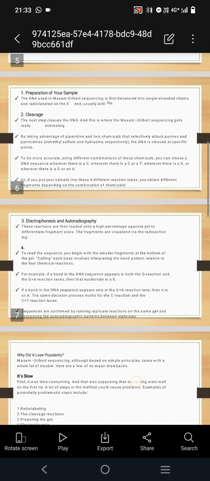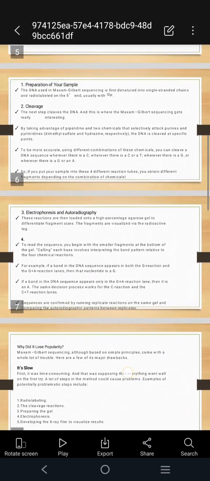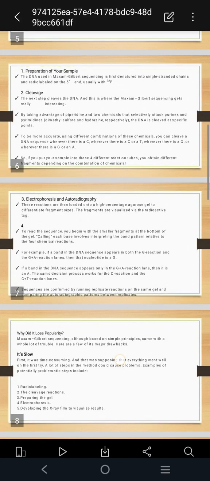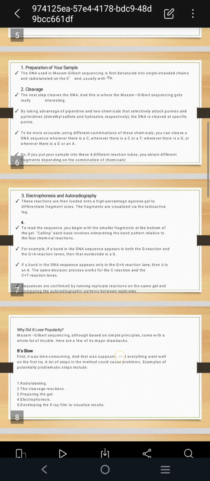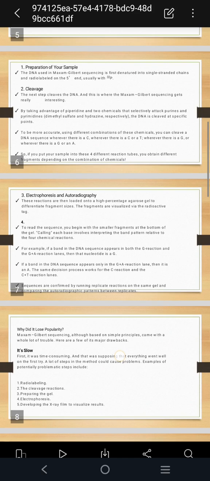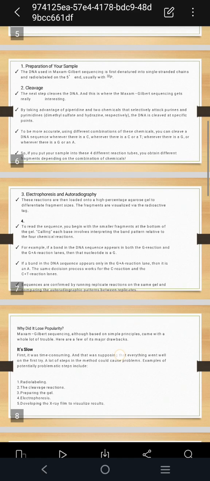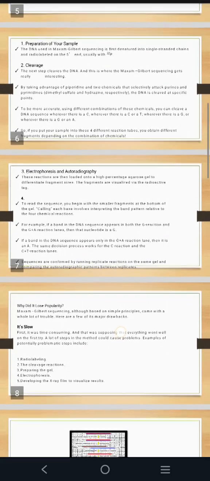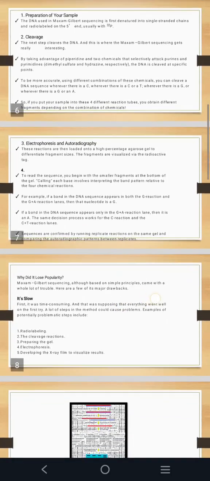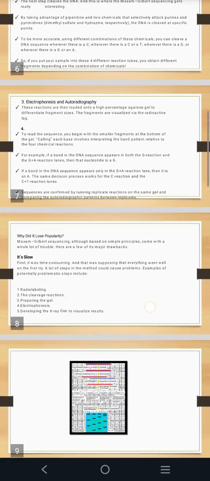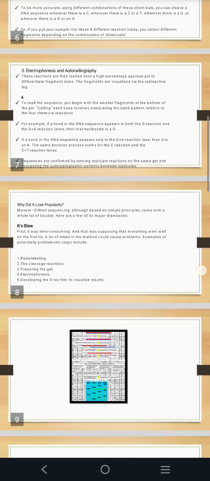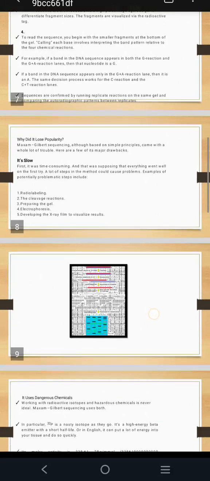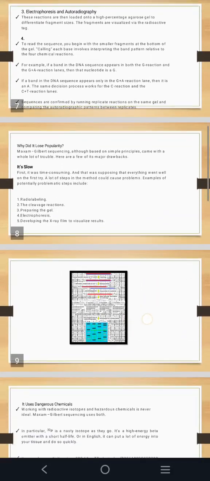During the preparation of the sample, the DNA is denatured into single-stranded chains and radiolabeled at the 5' end, usually with 32P. During the cleavage, the next step cleaves the DNA and the sequencing gets really interesting. Then electrophoresis takes place, and the autoradiography.